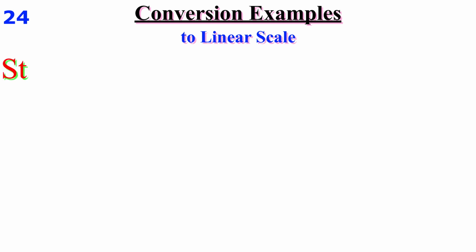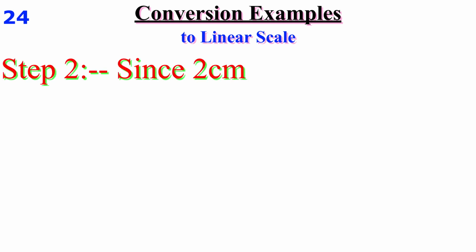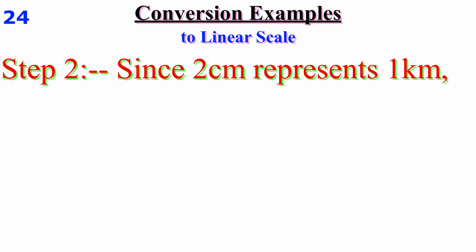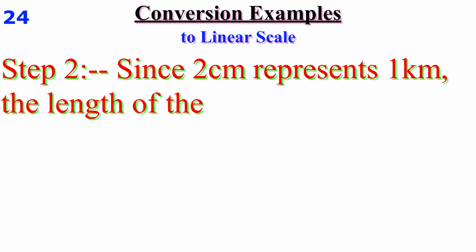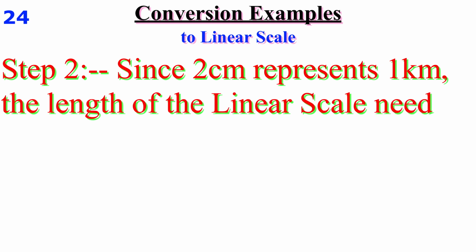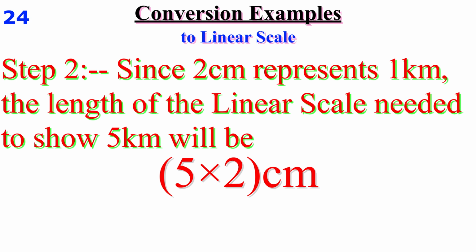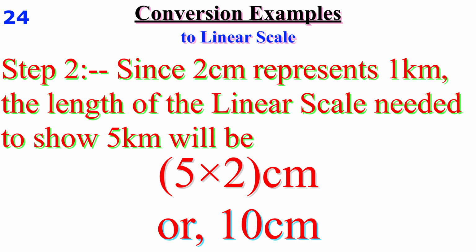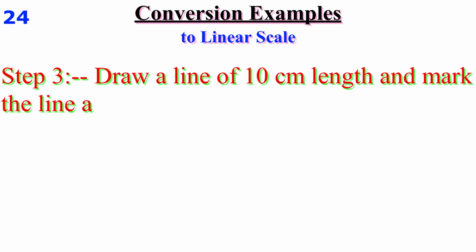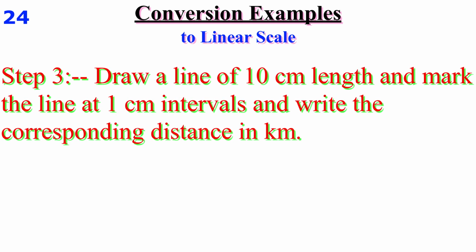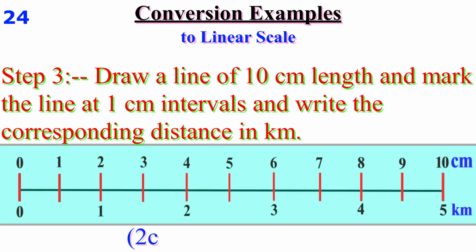Step 2. Since 2 cm represents 1 km, the length of the linear scale needed to show 5 km will be 5 into 2 or 10 cm. Step 3. Draw a line of 10 cm length and mark the line at 1 cm intervals and write the corresponding km distance as shown at present on your screen.